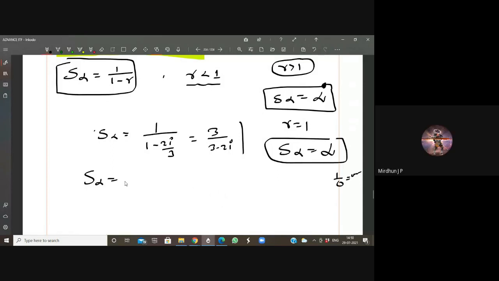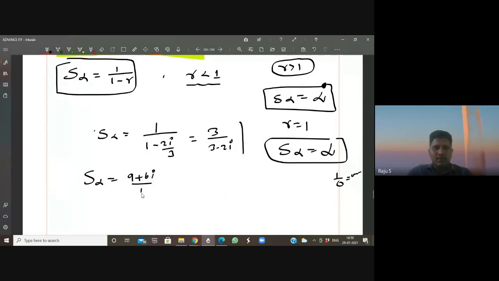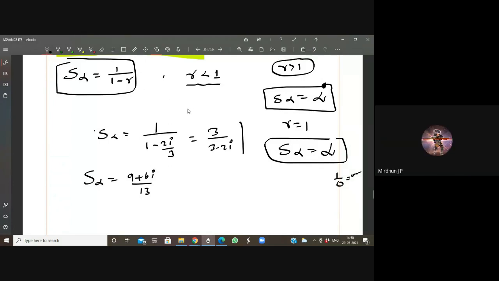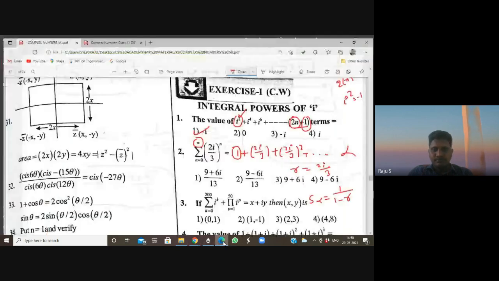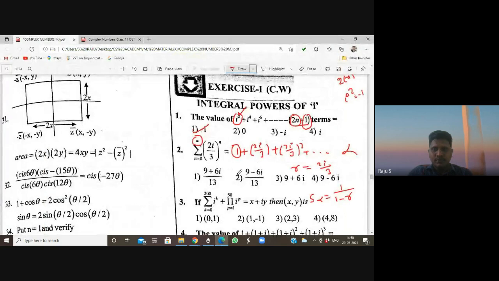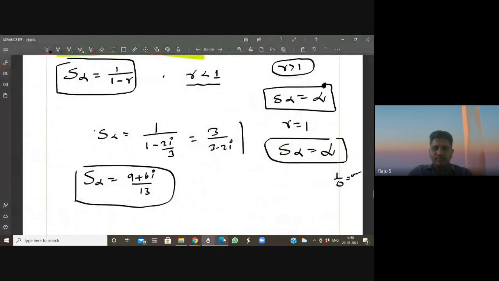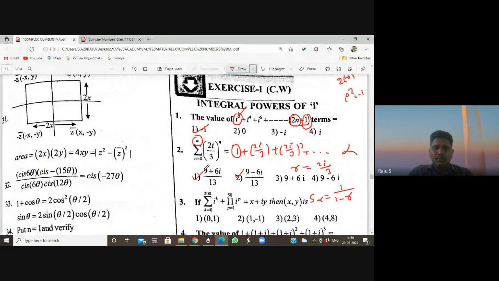We multiply by 3 plus 2i in the numerator and denominator, and we get 9 plus 6i by 13. That's all. This is the answer, so the first option is correct.